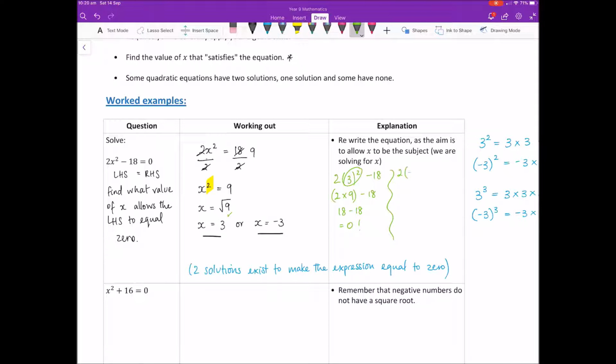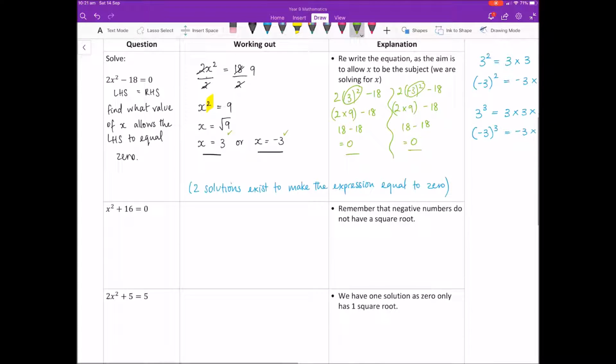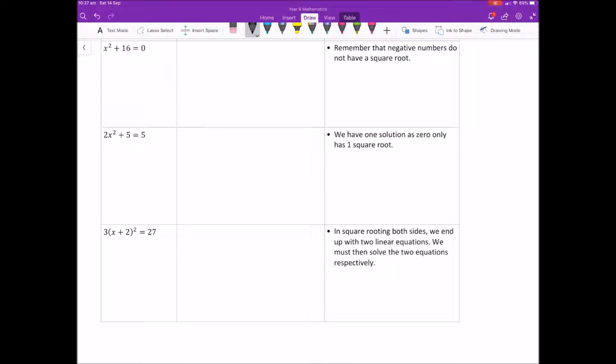So 2 times negative 3 all squared minus 18. Again, we're going to have to deal with that first, and that becomes 2 times 9 minus 18. 18 minus 18 equals 0. I should probably get rid of the exclamation point, because that does actually mean something in maths. So we can see that both positive 3 and negative 3 do give us a solution of 0 each time.